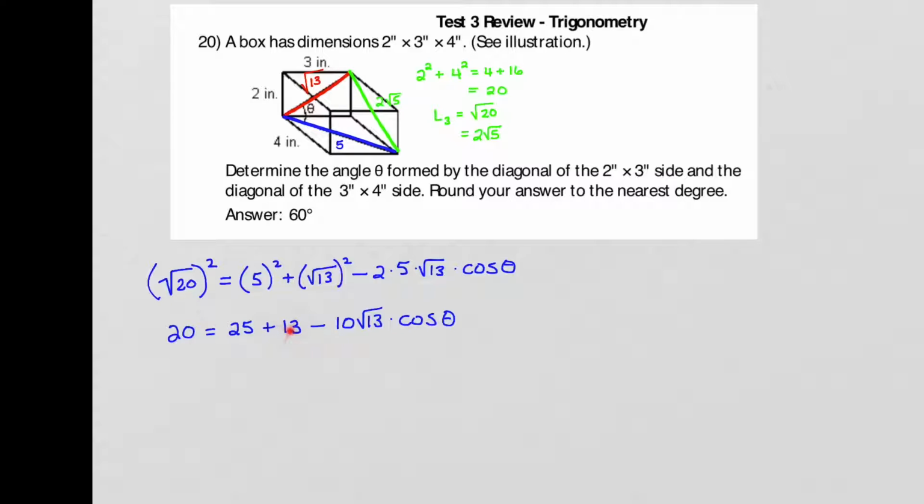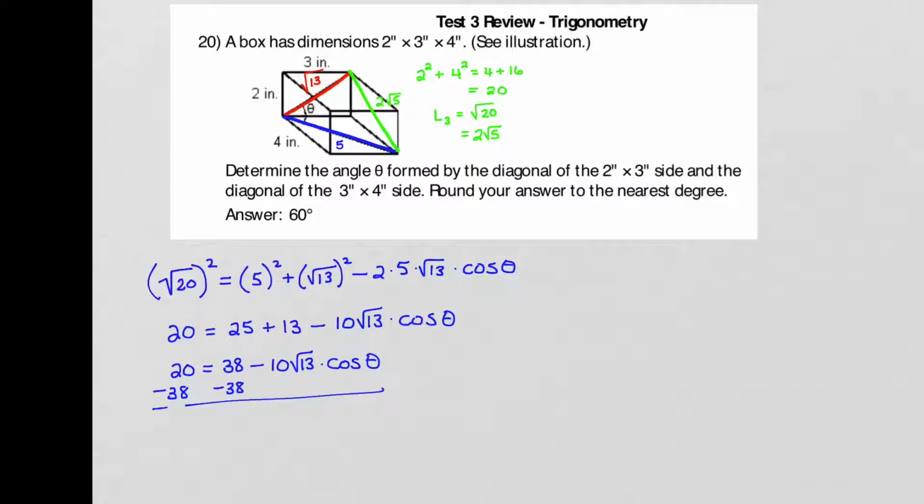So what I'm going to do is say 20 equals 25 and 13 is 38 minus 10 square root of 13 times cosine theta. And now I'll subtract the 38 from both sides.